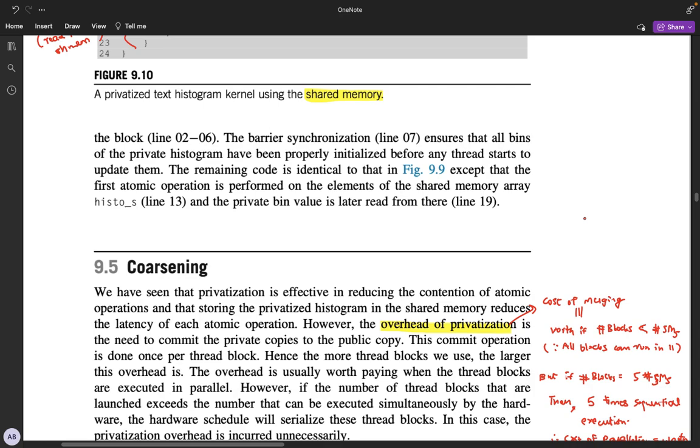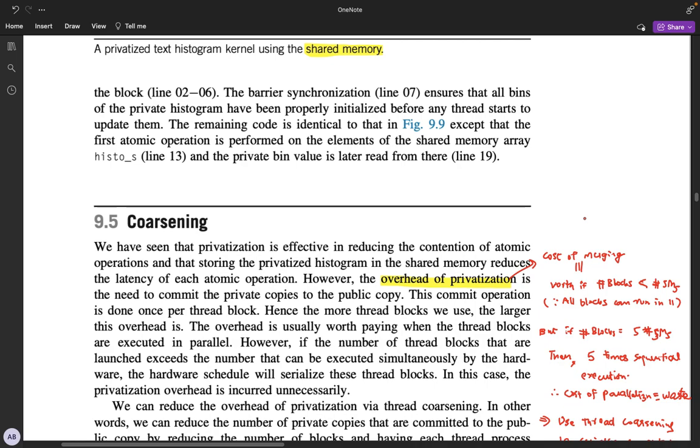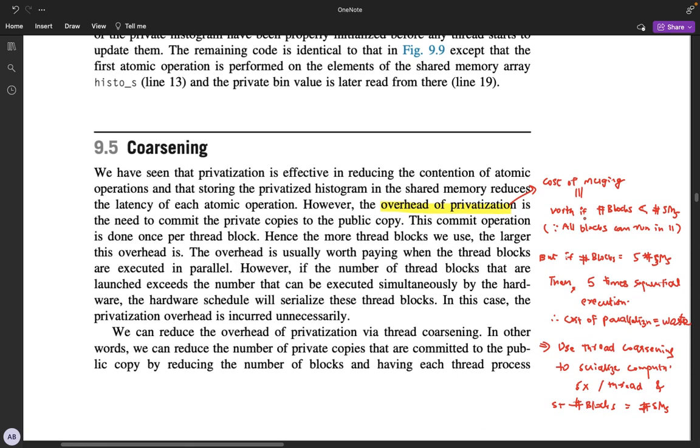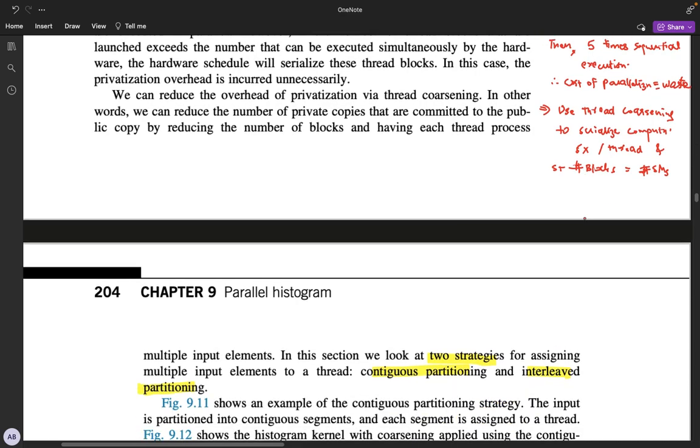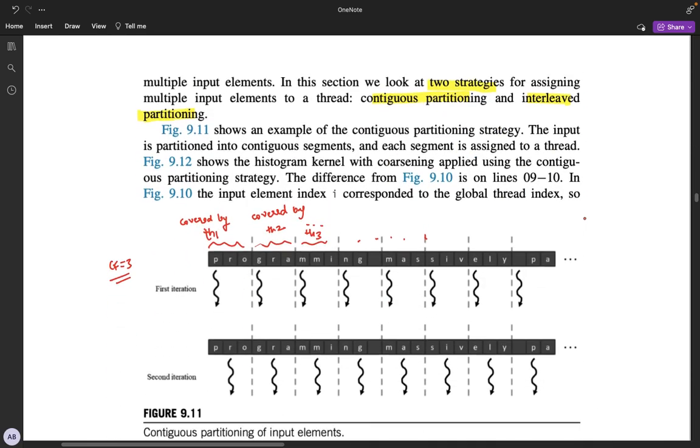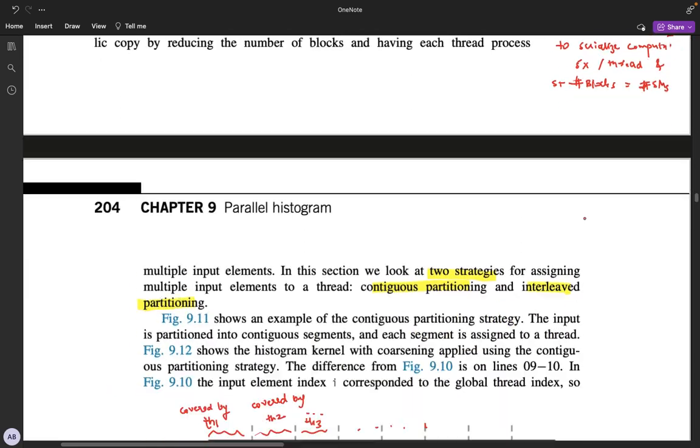But if the number of blocks is five times larger, we have to do this computation in five steps. So why not just assign five times the computation to each thread, so that we can avoid the cost of parallelization and still do all the computation? This is called thread coarsening.